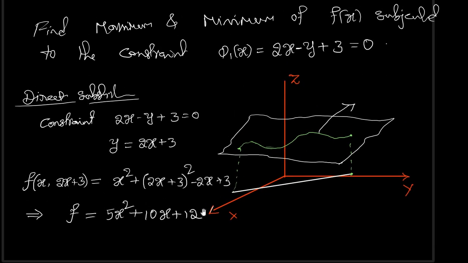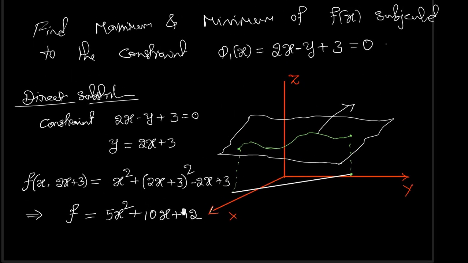Now I want to see where this parabola is taking maximum or minimum. So what do you do now to find maximum or minimum? We will simply take the first derivative of f of x and equate it to 0.